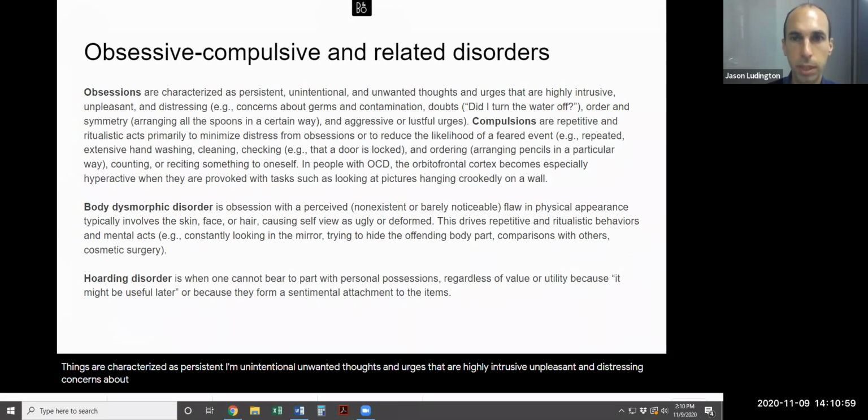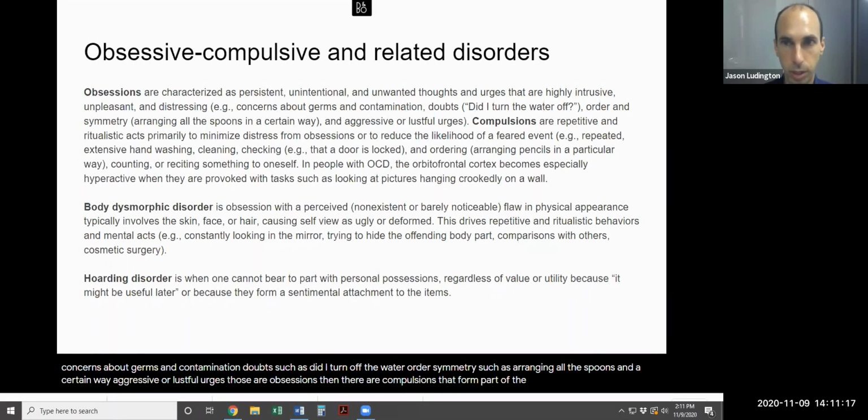Concerns about germs and contamination, doubts such as did I turn off the water, order and symmetry such as arranging all the spoons in a certain way, aggressive or lustful urges. Those are obsessions. Then there are compulsions that form part of the disorder as well.